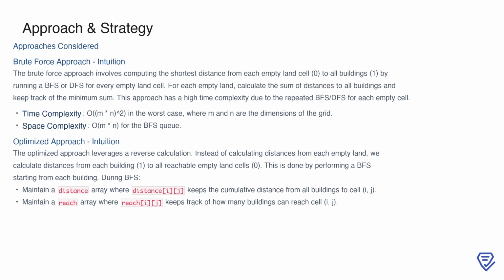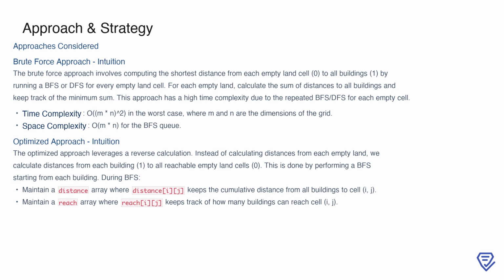To solve this problem, we start by examining different approaches. The brute force approach is intuitive but inefficient. Here, for every empty land cell in the grid, we calculate the sum of distances to all buildings. This is done by performing a separate BFS or DFS for each empty land cell, which ensures we find the shortest paths, but at the cost of high time complexity.